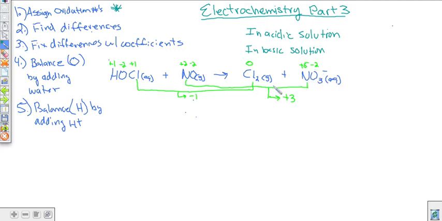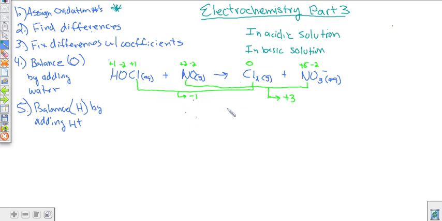Now, your next step is to connect your matching atoms from either side with a line. This is how I do it. Just connect it with a line like this, and then put what the difference is. That shows your oxidation and reduction.